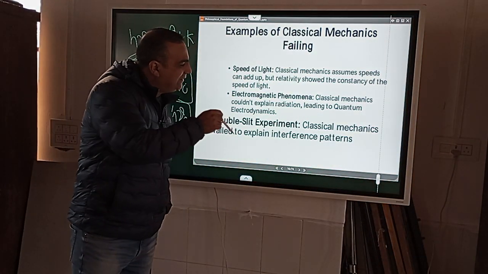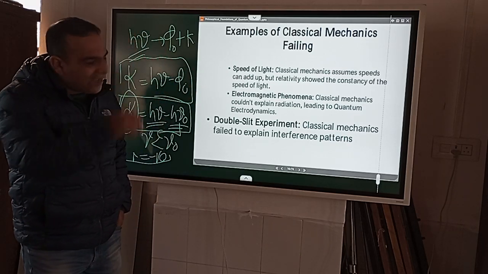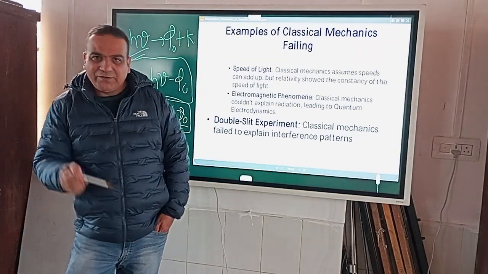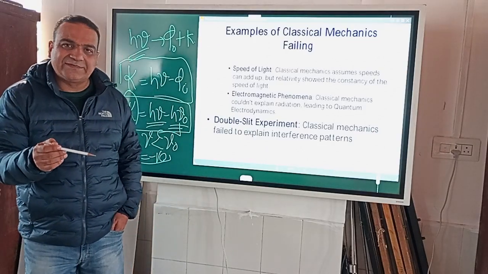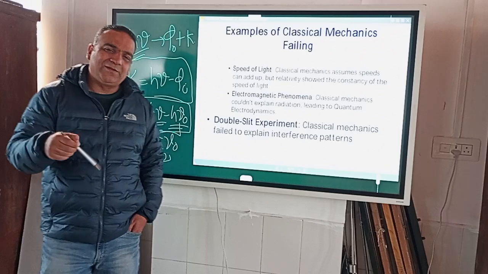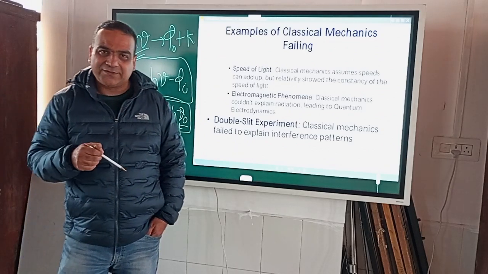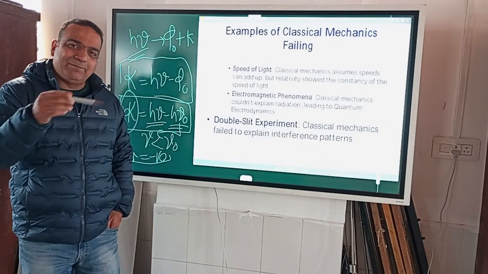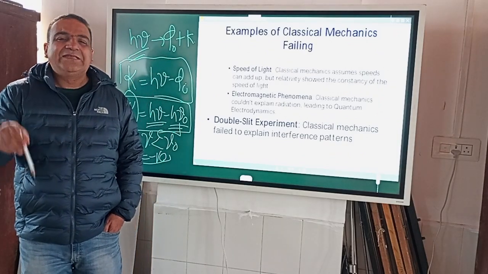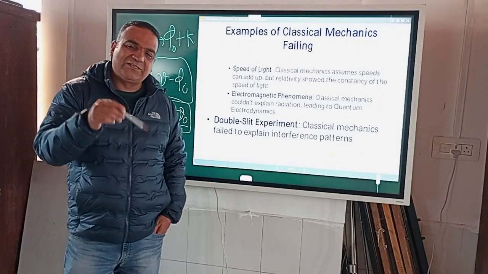But relativity showed the constancy of the velocity, because the basic argument of the special theory of relativity is that there is a limit. There is a limit for any material particle existing in this universe, and that limit is that a material particle cannot have a speed equal to that of light.